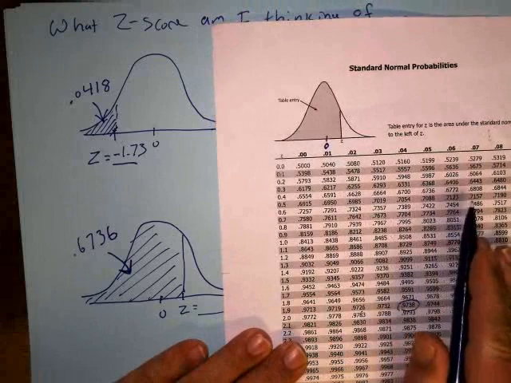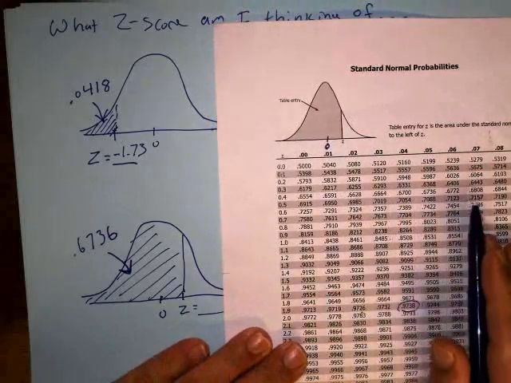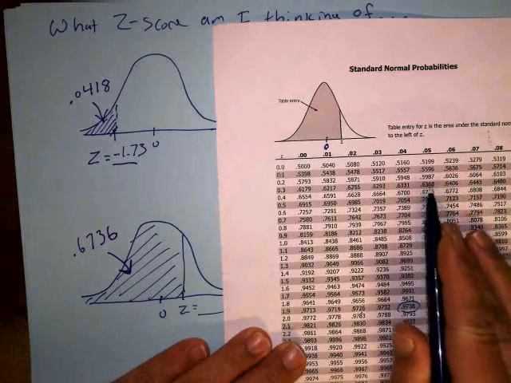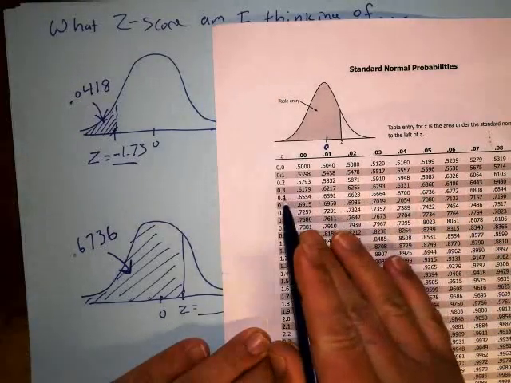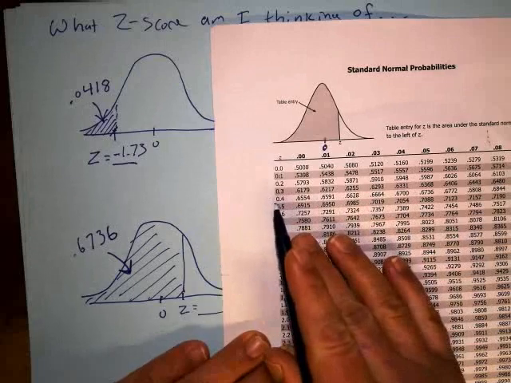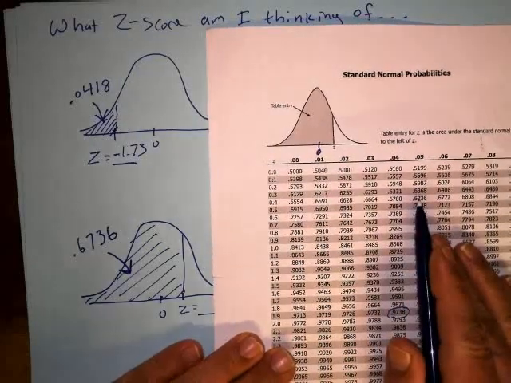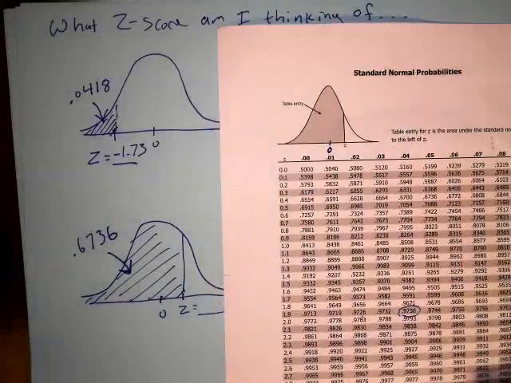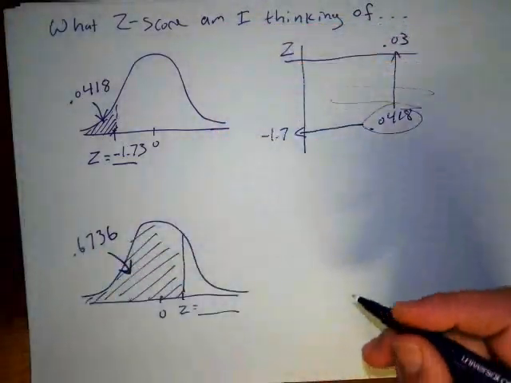I find it right here, 0.6736. I go over here and find 0.4, and then I look up and find 0.05, and I can put those together.